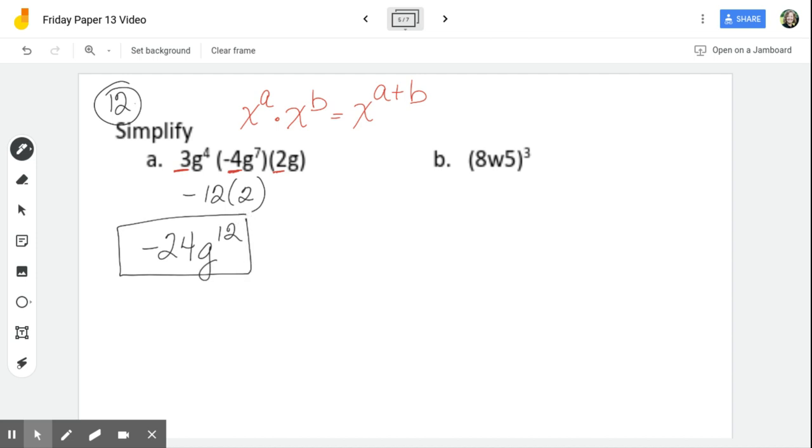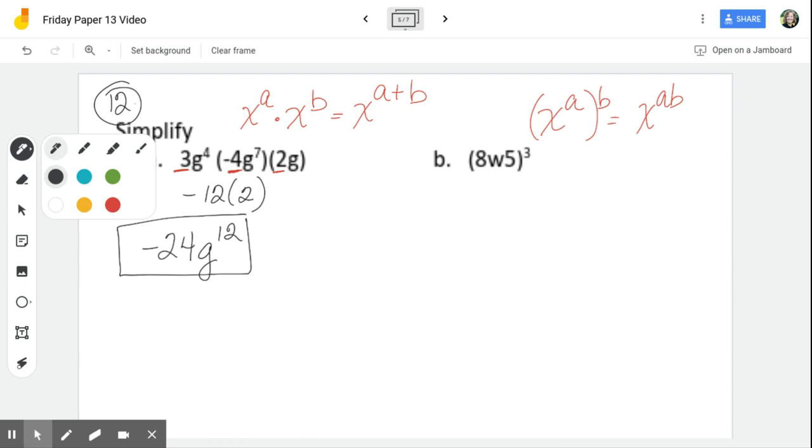Now 12b is a little bit different. 12b, the rule for this exponent is when I have a base raised to an exponent, and that is raised to another exponent. It's the power rule, and that tells me that I have to just multiply a times b.